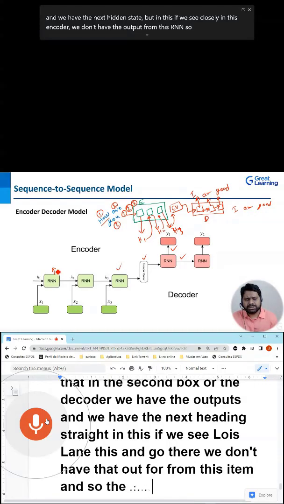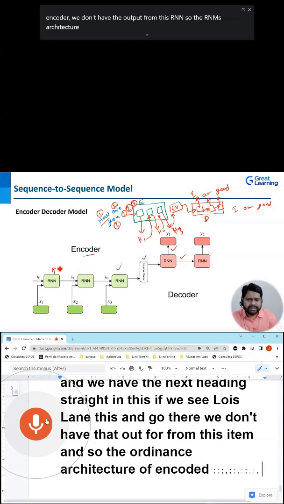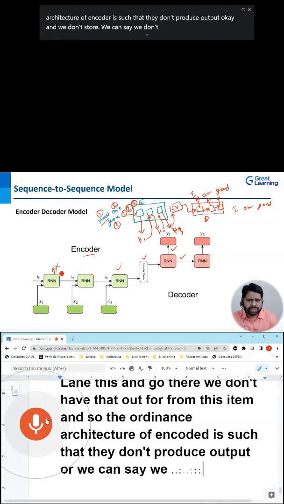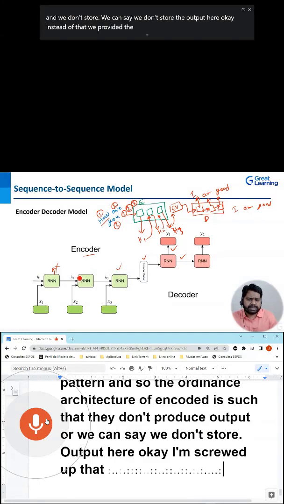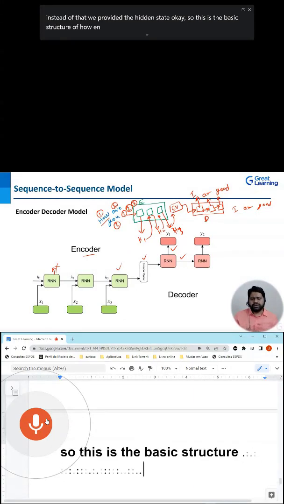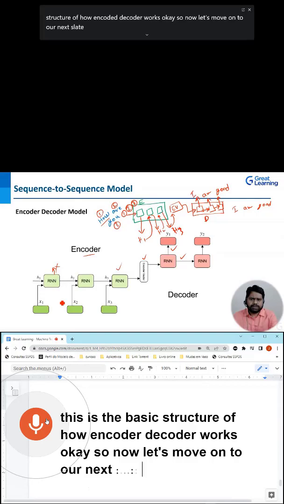The RNN architecture of the encoder is such that it doesn't produce the output, and we don't store the output here. Instead of that, we provide the hidden state. So this is the basic structure of how encoder decoder works. Now let's move on to our next slide.